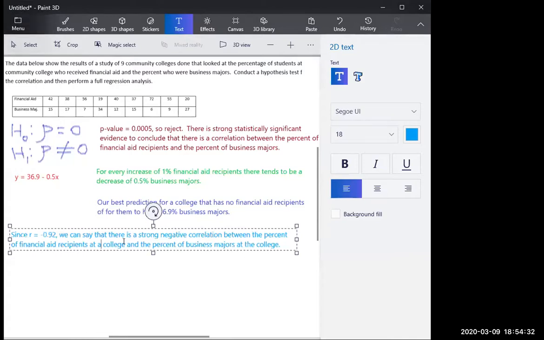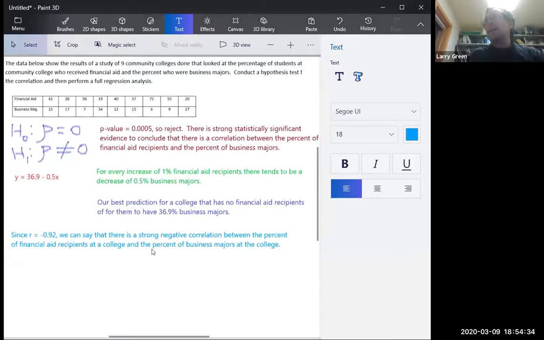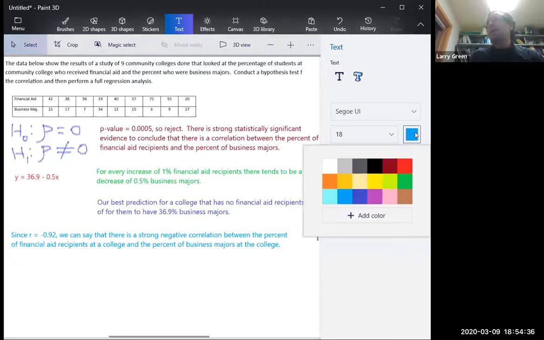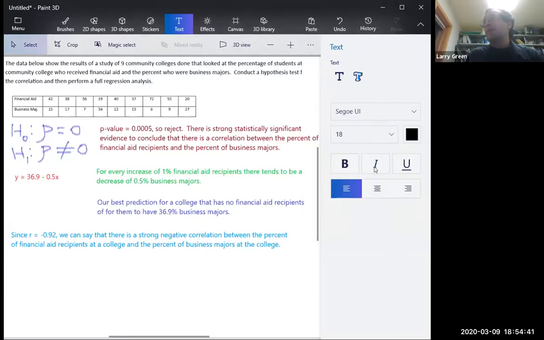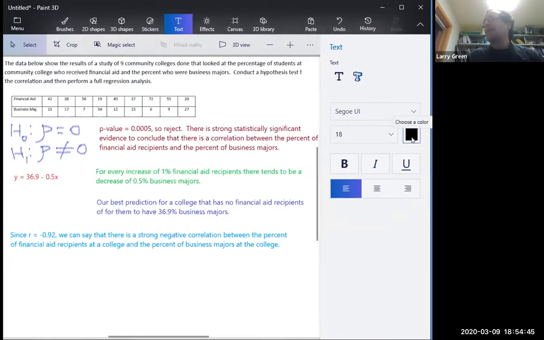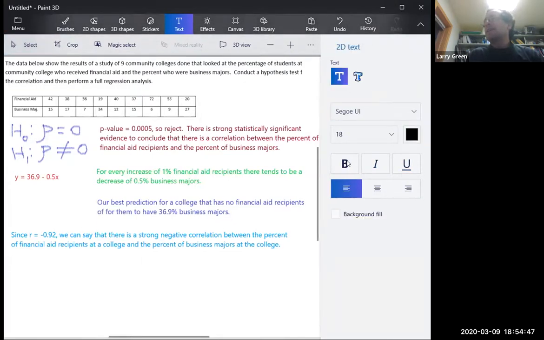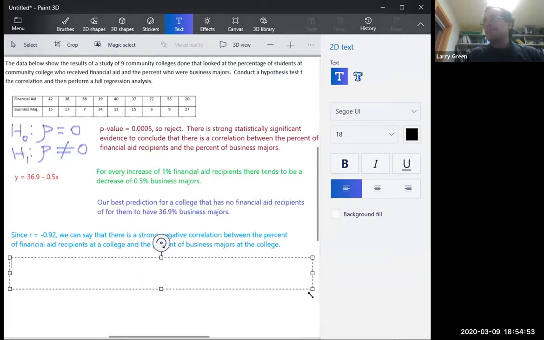Yes. Okay. Now, finally, the last thing to interpret is R squared. And R squared is the hardest of all of them. Okay, so let's take a look.